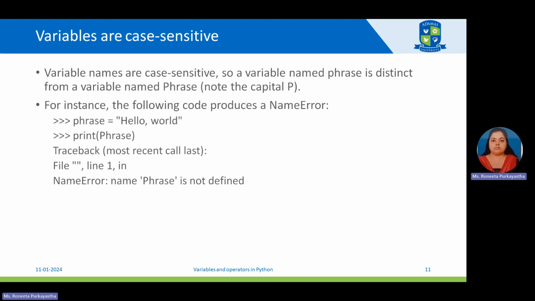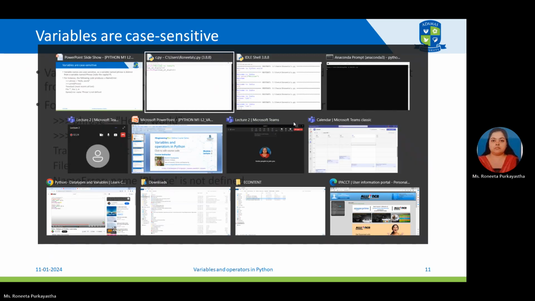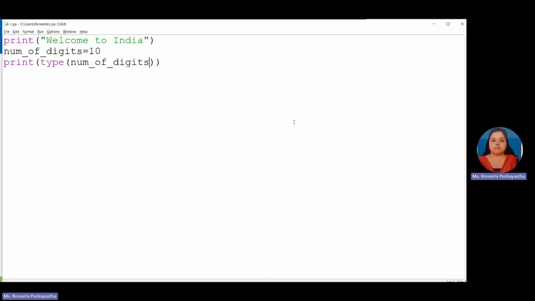So this is another class or category of error in Python, which is raised when the case does not match the variable name. So let us see this. Suppose you have number of digits is equal to 10.